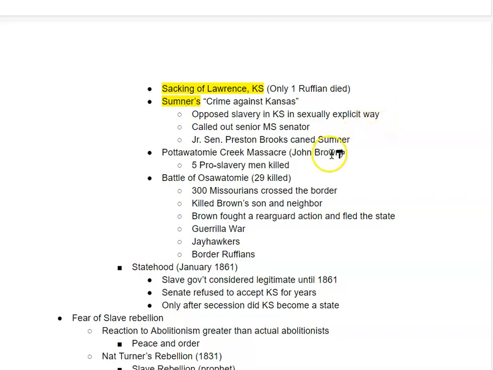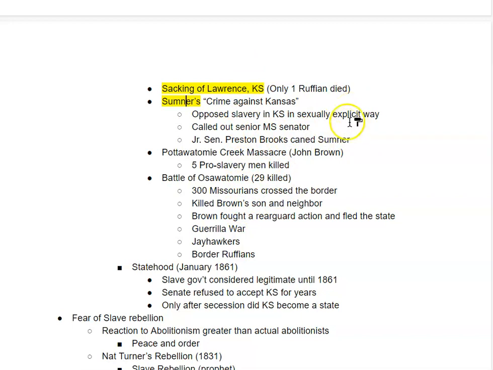And he did so in a way that called out the senior senator, an old man, the senior senator from Mississippi, and besmirched his name and linked him to supporting this type of violence and this type of slavery, and that is what slavery stands for, is this type of violence.